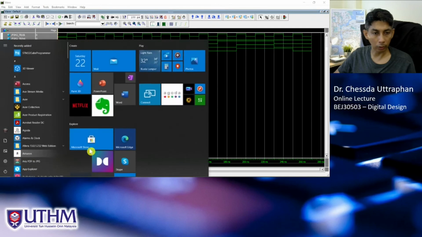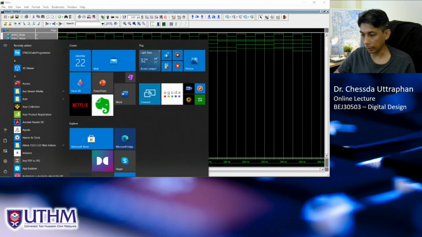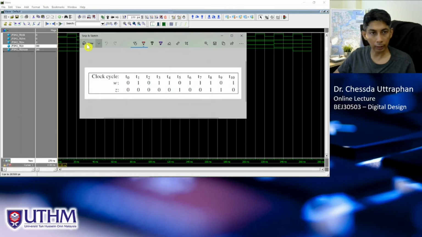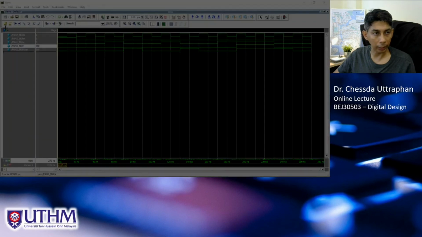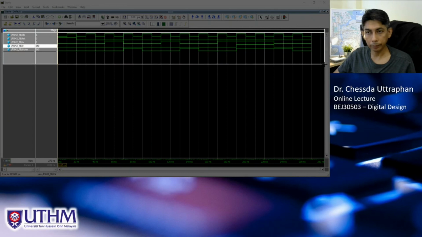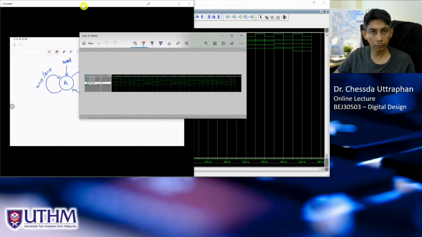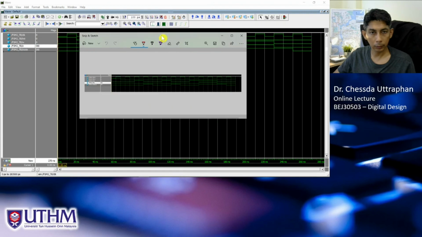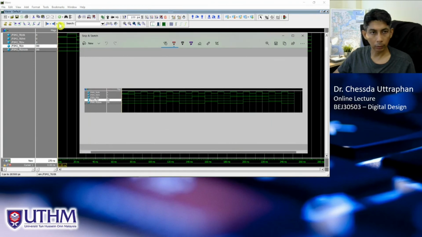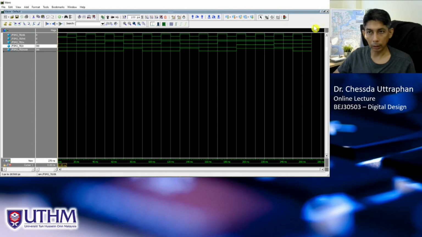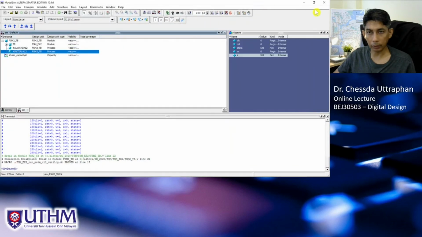So when we look at the output here, let's compare with the Moore one. But before that, let's copy this so that we can compare with the Moore. Okay, so I open the one that we have from last week, the Moore type.